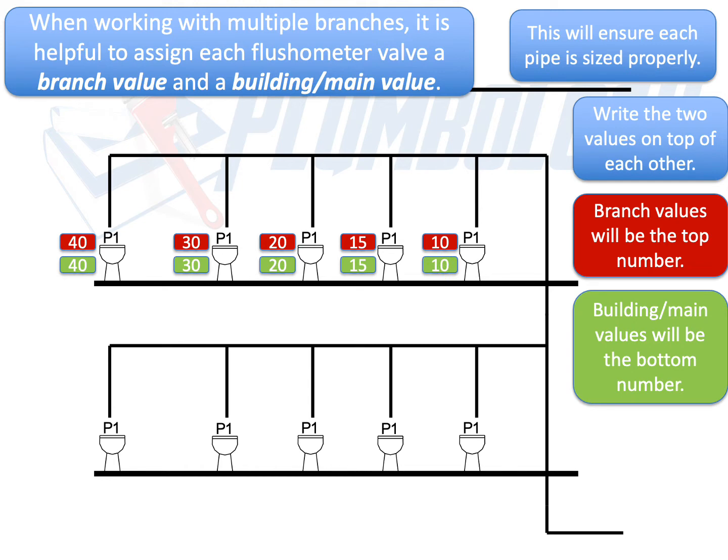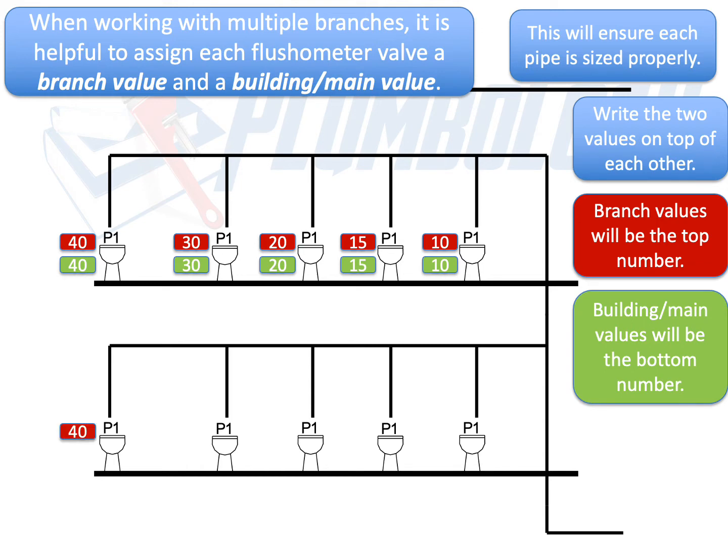We can see that both top and bottom numbers here are the same. And that's very common for the top floor of a multi-story building. The flush valves, starting from the most remote, will always be 40-40, 30-30, 20-20, and then so on.